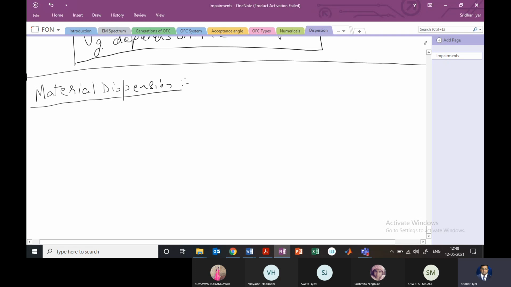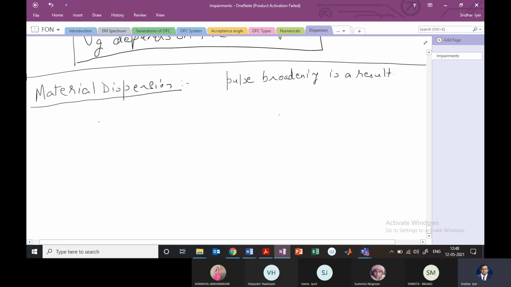So based on this, the material dispersion is going to occur, right? This kind of dispersion leads to pulse broadening. So pulse broadening is a result of this dispersion, right?